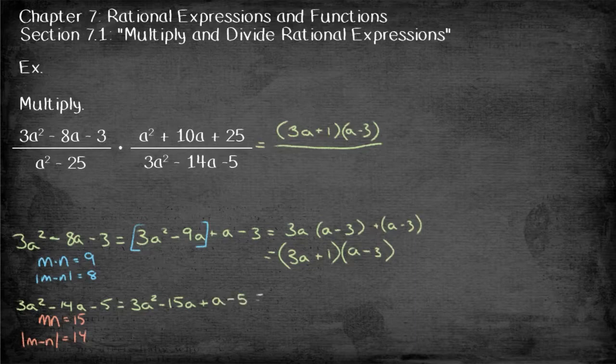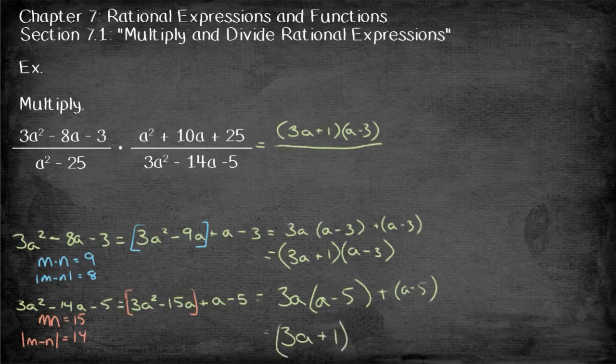This is like the last one. You can factor out a 3a, get a minus 5 plus a minus 5. So it factors to 3a plus 1 times a minus 5. So which one is that? Oh, it's this one.